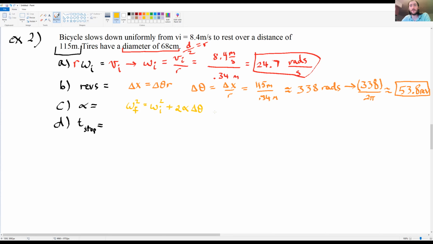So we can do this before we calculate part D. The initial omega is not 0, but the final omega is 0. So let's go ahead and X this one out. That's 0. And we're solving this for alpha. So alpha is going to be equal to minus omega initial squared, divided by 2 delta theta. I'll let you figure the algebra out on this. It's not too bad. Give it a shot.